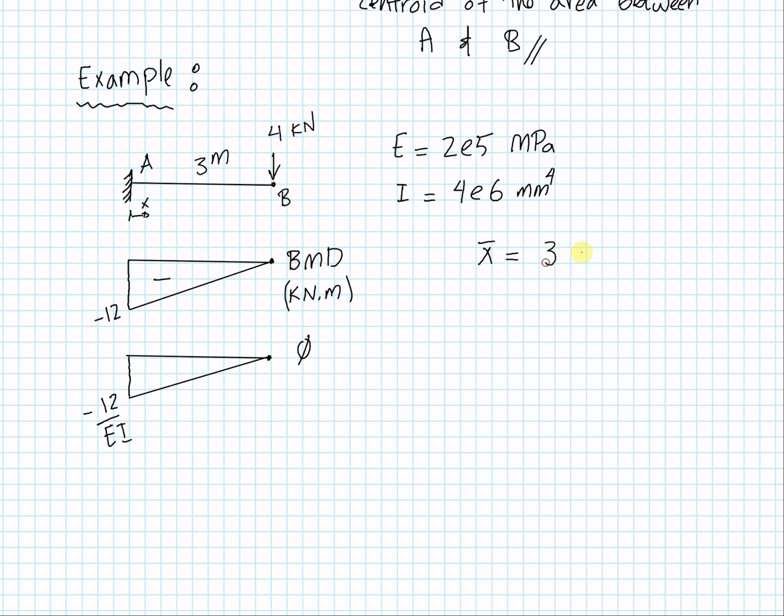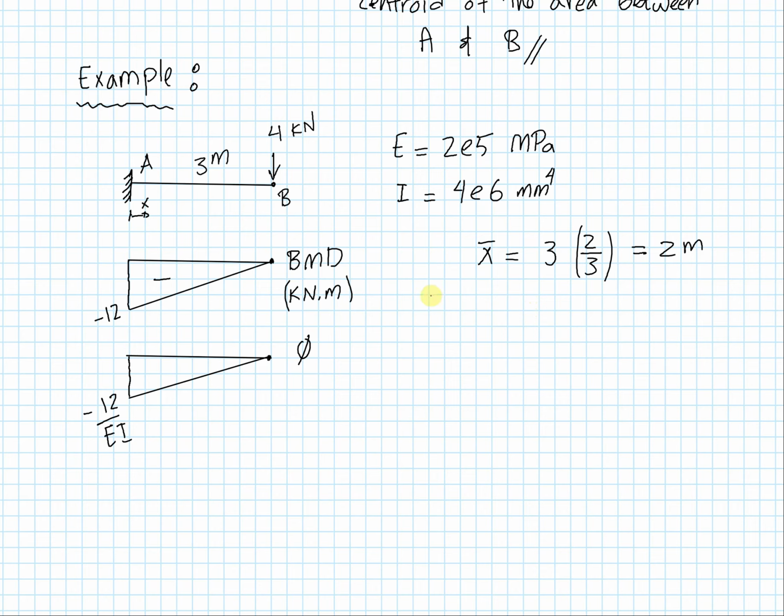It is 3 times 2/3, which is equal to 2 meters. The centroid in this example is measured from B, because we're interested in point B when it comes to the deflection.